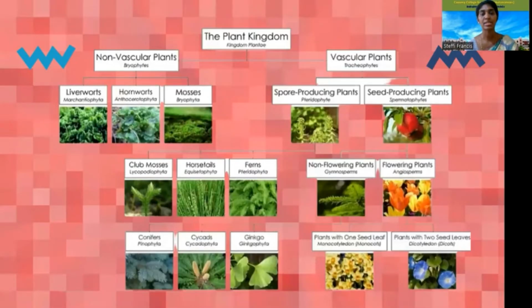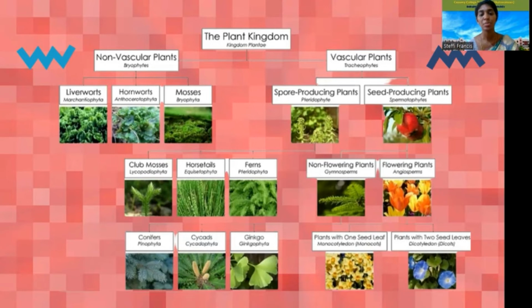In kingdom Plantae, we have two types, that is the non-vascular plants and the vascular plants. Liverworts, hornworts and mosses come under the non-vascular plants, and vascular plants are of two types, spore producing and seed producing.